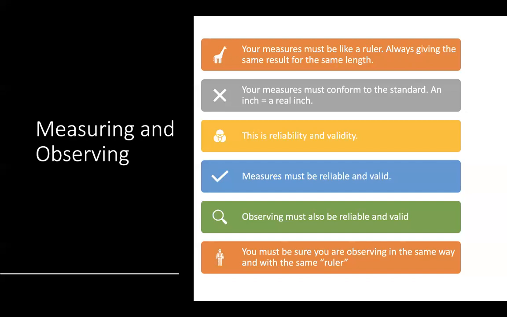The validity is that your inch matches the gold standard. And if your inch doesn't change, let's say you don't have any magic markings on your rulers that go back and forth, but they actually stay where they're put, then that's a reliable measure. So your ruler inch would be reliable and valid. So your measures have to be reliable and valid.